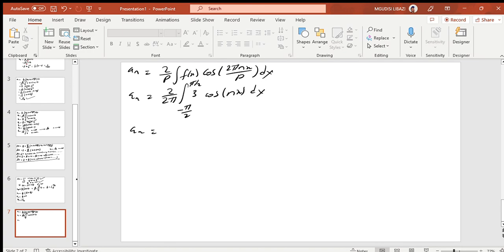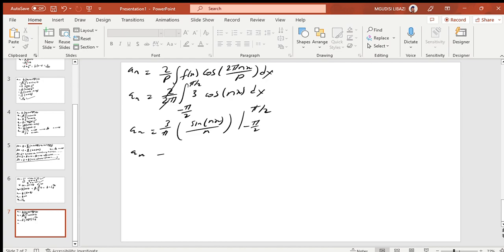Then we have cosine. When we substitute the period there, we're left with nx, multiplied by dx. So an, that cancels that, you're left with 3 over pi integral from negative pi over 2 to pi over 2. We can already integrate that. The integral of cosine will be sine of nx divided by n, evaluated from negative pi over 2 to pi over 2.